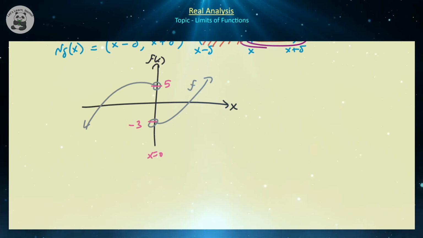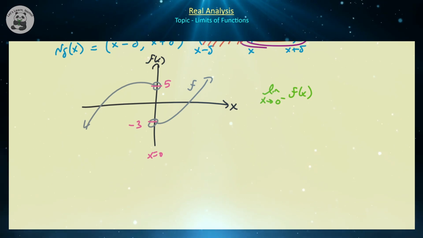So if we look at this particular picture, we see the limit as x approaches 0 from the left-hand side, well, what is this going to be? If we approach 0 from the left-hand side, all we need to do is just let this distance get arbitrarily small. So what happens to our distance? If we project this upwards, that distance is going to slowly converge down to 5, right? So using that definition, this is going to be equal to 5, even if that circle is not closed.